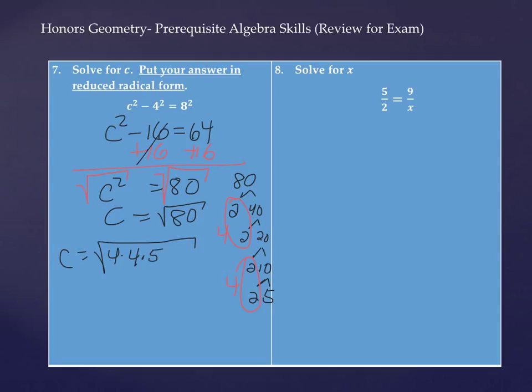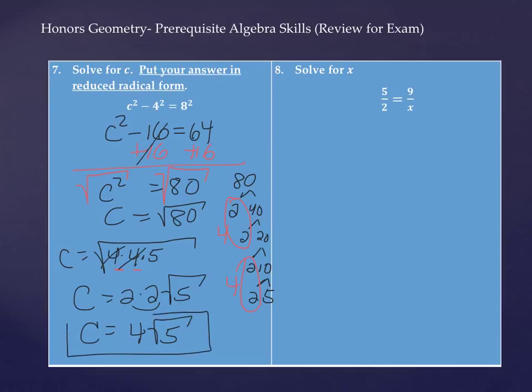We've got our perfect squares here, so take them out. C equals, the square root of 4 is 2, bring it out. The square root of 4 is 2, bring it out. And the square root of 5 is an imperfect square, so we have to leave that in. Just simplify: 2 times 2 is 4. So we've got 4 times the square root of 5, or just 4 square roots of 5. That's our answer.